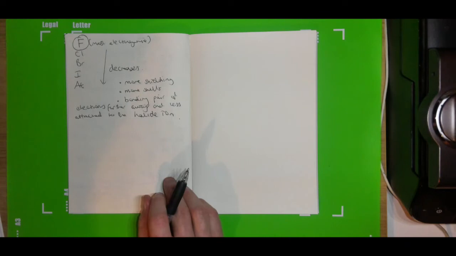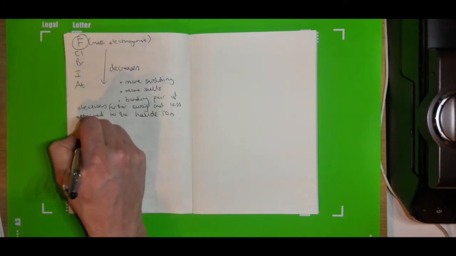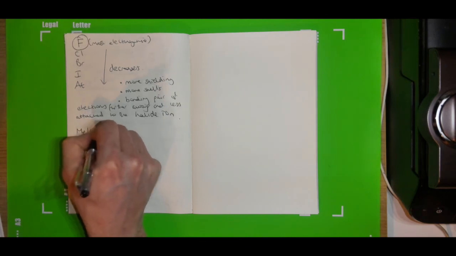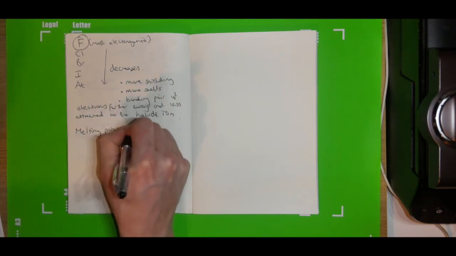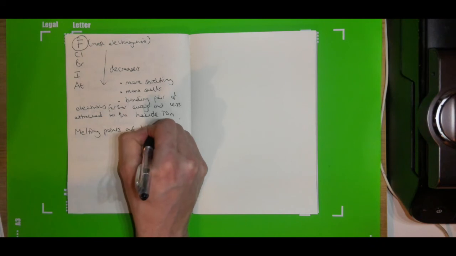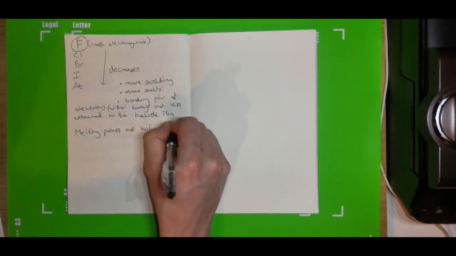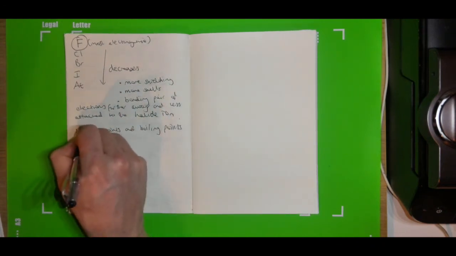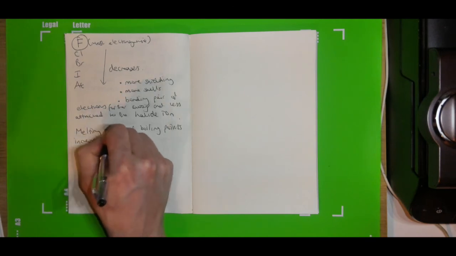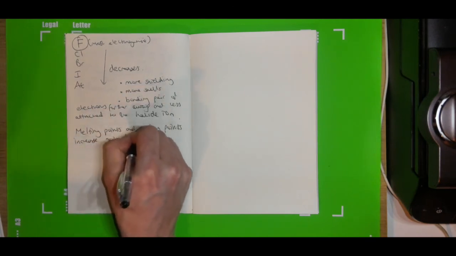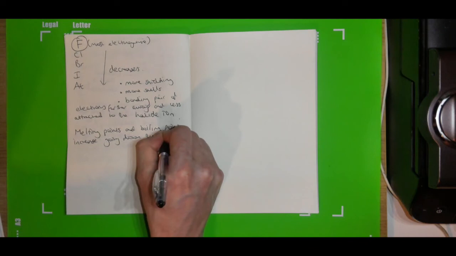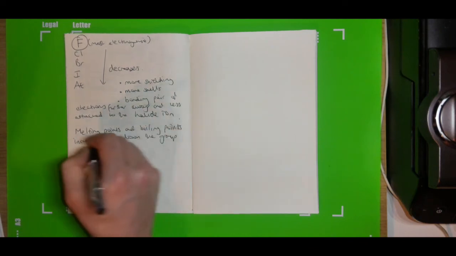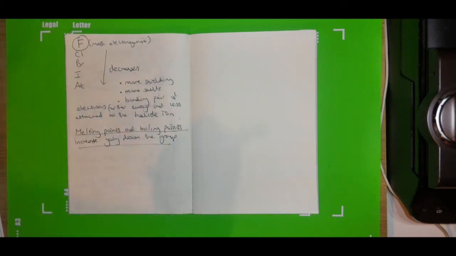So the melting points and boiling points increase going down the group.